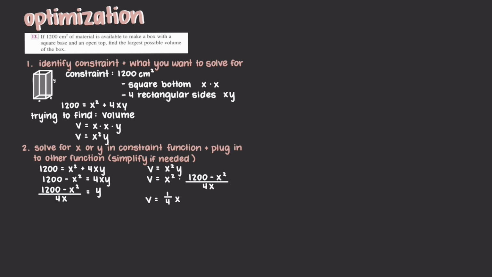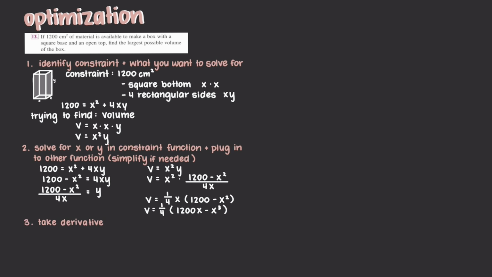Let's simplify this. These x's cancel out, except this x is left alone, and there's still a 1/4. Now we can simplify this a little bit by multiplying the x through the whole thing.